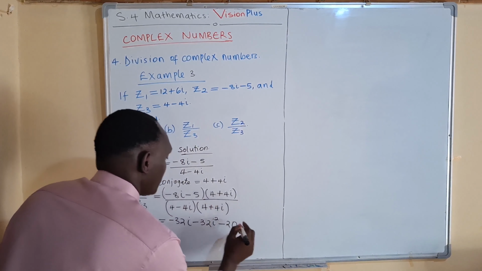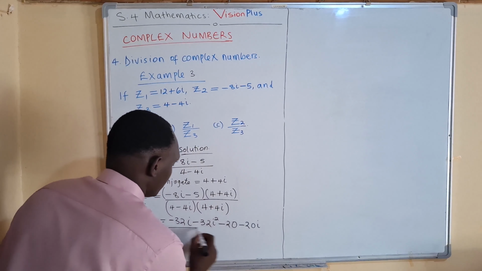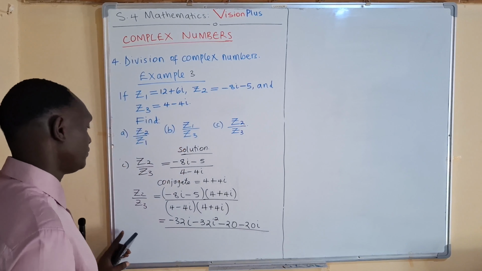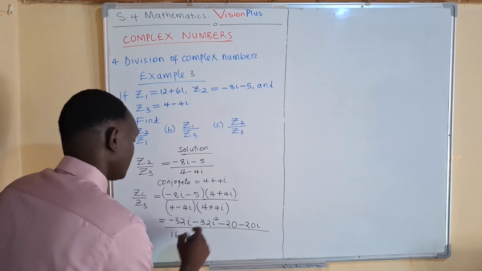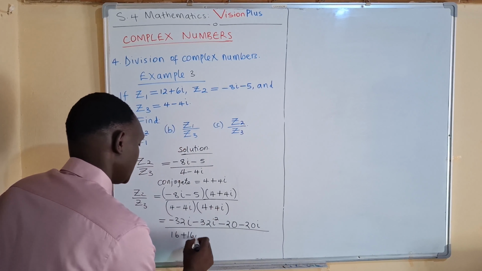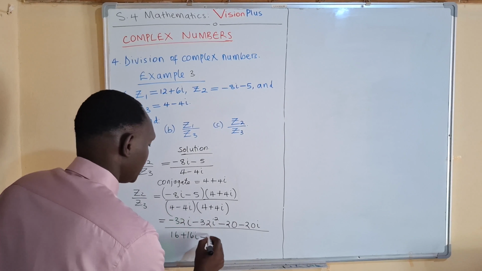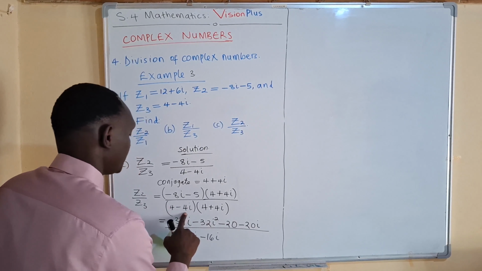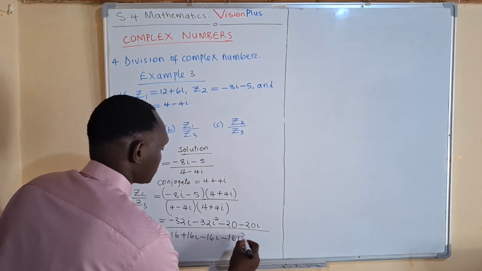Negative 5 times 4i, negative 20i. Then we divide by 4 times 4, 16. 4 times 4i, positive 16i. And then negative 4i times 4, negative 16i. Negative 4i times 4i, negative 16i squared.